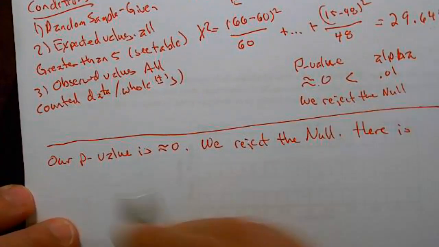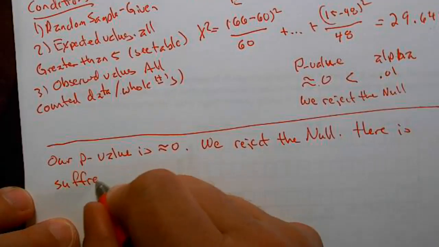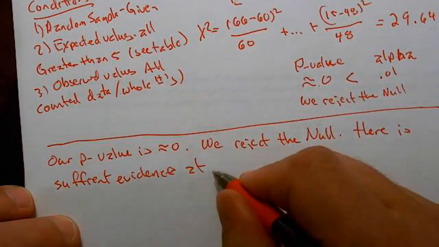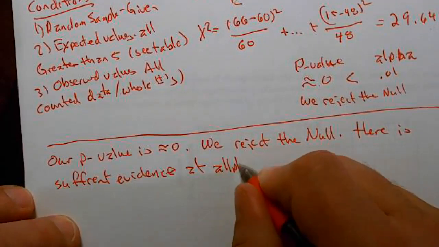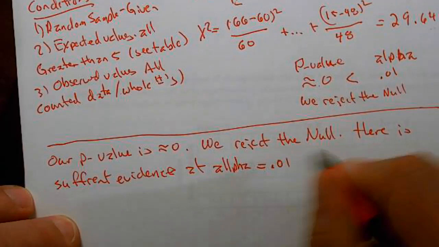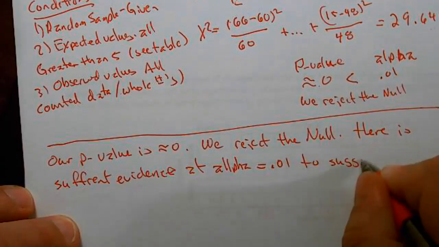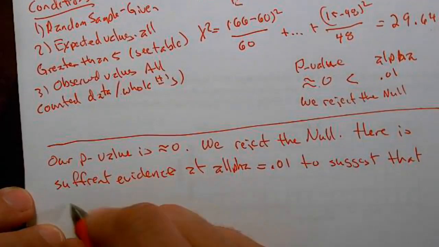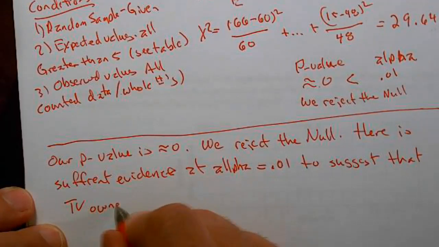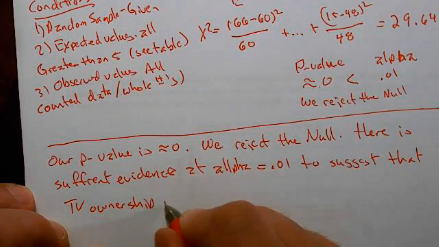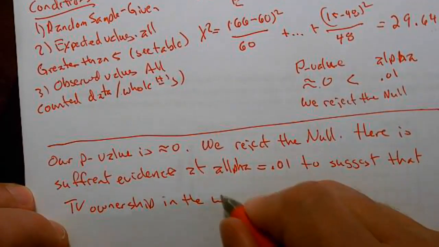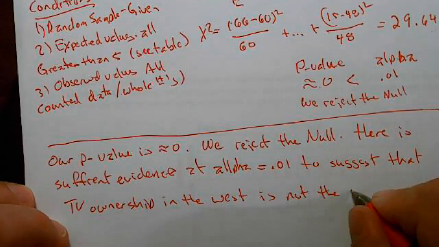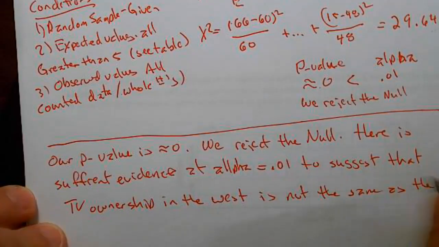There is sufficient evidence at alpha equal 0.01 to suggest that TV ownership in the West is not the same as the US.